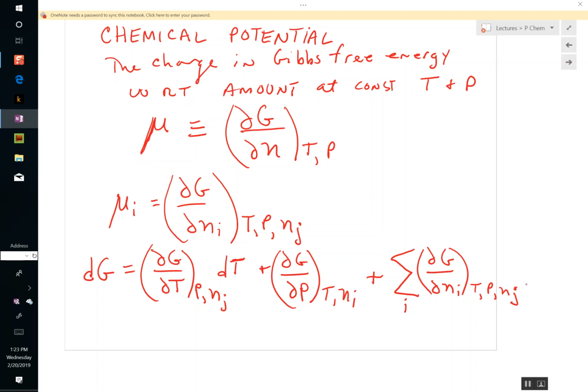And this is equal to, it shouldn't surprise us, the negative of the entropy. This is volume.